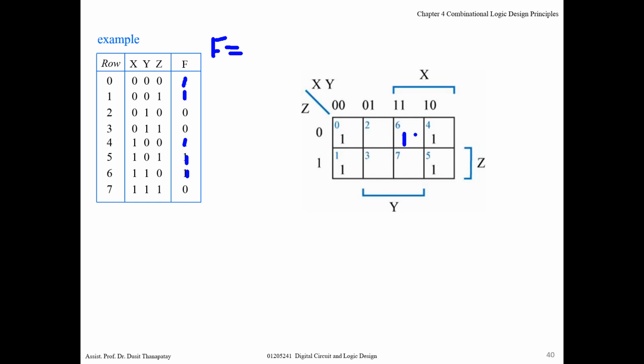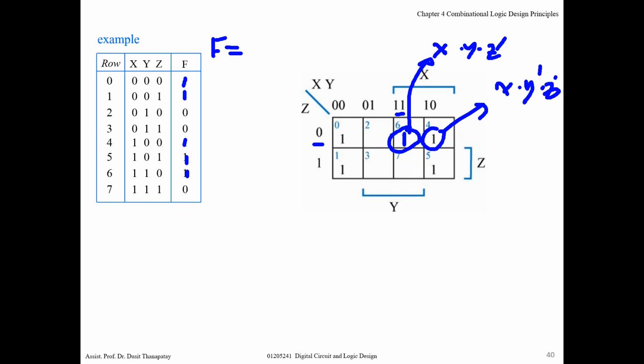This term, the corresponding input is 1, 1, 0, right? So if you select only this one, your product term or minterm is x and y and z prime, right? How about this one? This one is x and y prime and z prime, right?